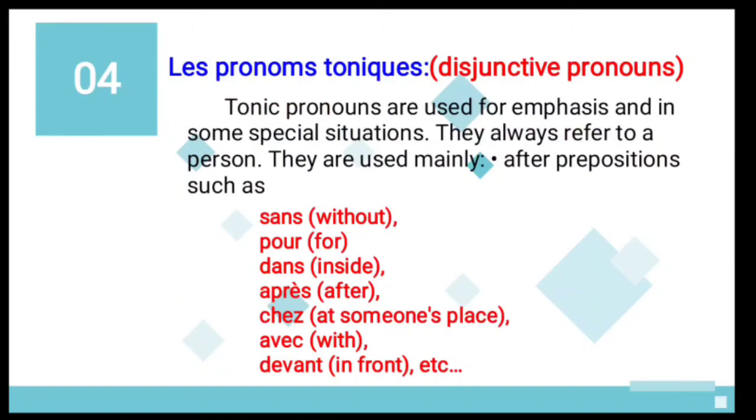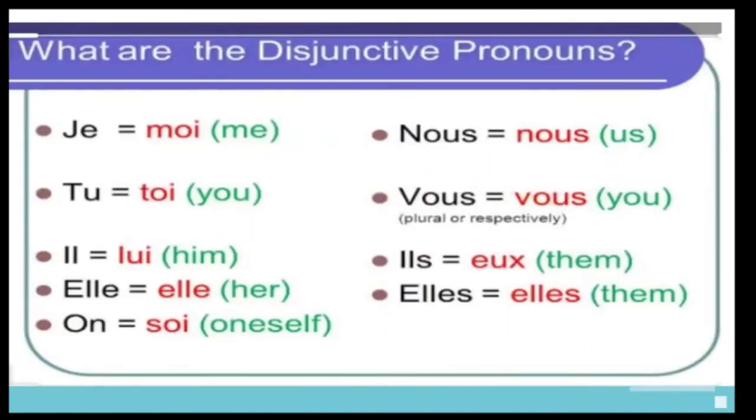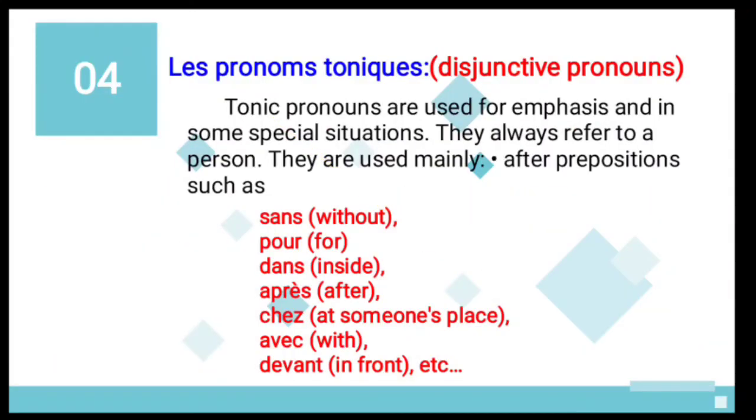And after the preposition only, you have to use the pronom tonique. What are prepositions? Sans, without. Pour, for. Dans, inside. Après, after. Chez, at someone's place. Avec, with. Devant, in front of. So these are the prepositions.